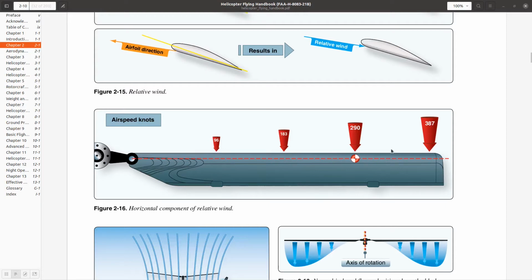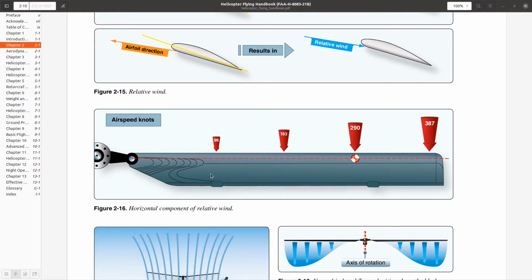If I look at my lift being produced, my lift is proportional to my speed squared. So I've got this speed that is 4 times this speed. So I'm going to produce 16 times the lift here that I'm going to produce here unless I do something different. And again, that's a lot of stress. And this guy's not doing a lot.